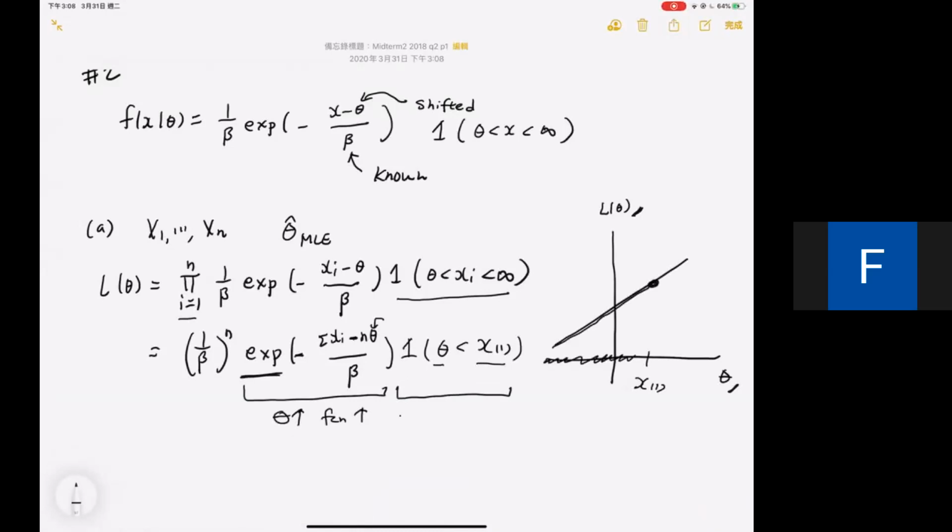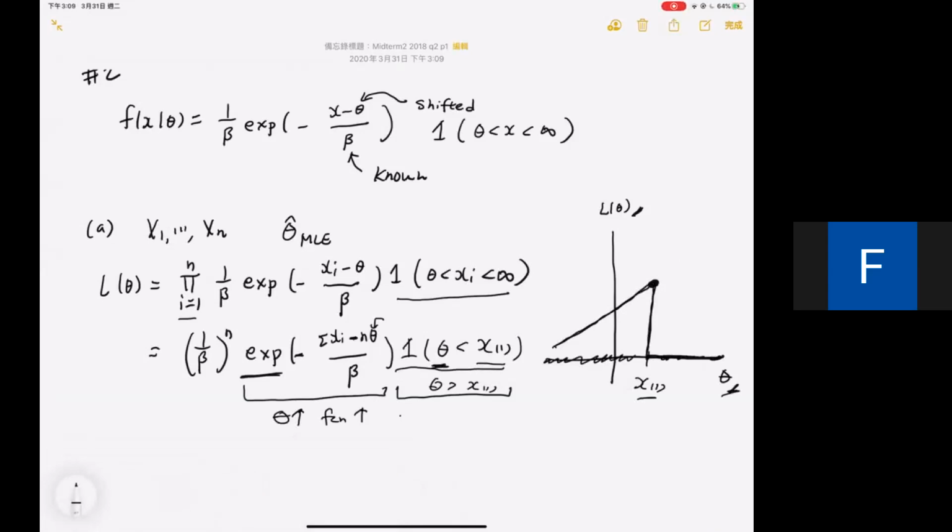And then what happens when theta is bigger than x1? When theta is bigger than x1, the whole thing is 0. That means it goes down to here. Okay, so that means our function looks like this. Go up to here, down, then right here.